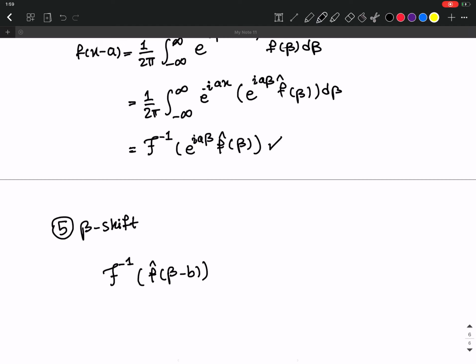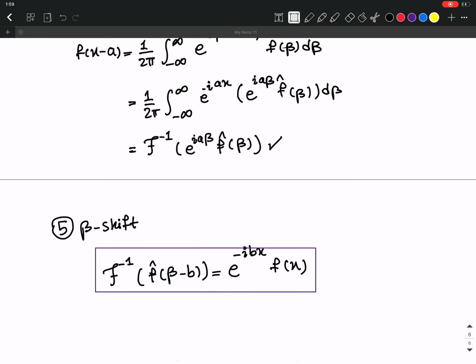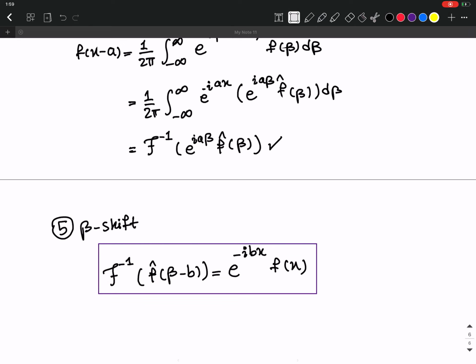So with a b shift, we're gonna get e to the minus i b x in the x space. So when you shift your frequency or beta in the Fourier space, you have to multiply your function in the regular space by e to the minus i b x.